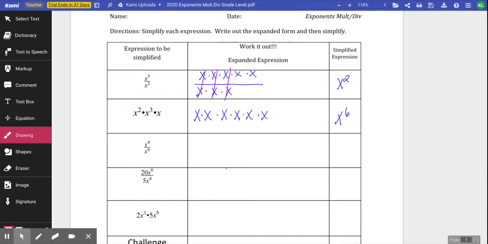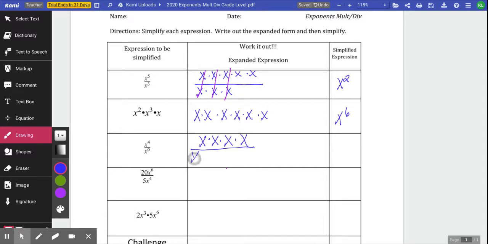So I'm going to expand that out. So in my numerator, I have x to the 4th, so x times x times x times x. And that's being divided by x to the 9th.